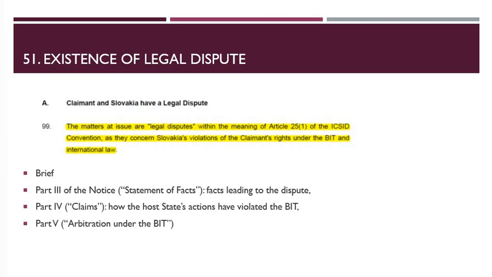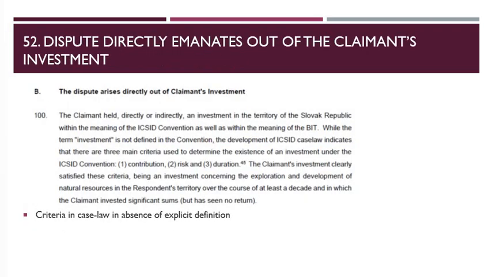Item 52 is that the dispute emanates out of the claimant's investment. The notice says, B. The dispute arises directly out of claimant's investment. The claimant held directly or indirectly an investment in the territory of the Slovak Republic within the meaning of the ICSID Convention as well as within the meaning of the VIII.